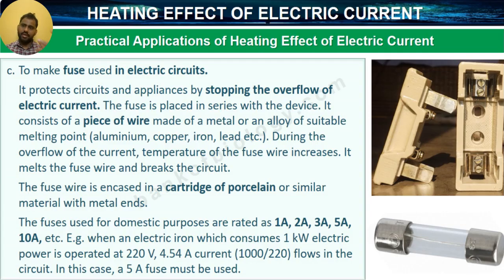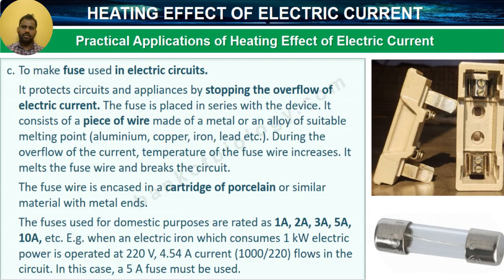But if we keep a 5.5 ampere fuse in series with the device, when the current is 7 ampere, it will damage the fuse, but your electrical appliance will get saved. So that is the concept.